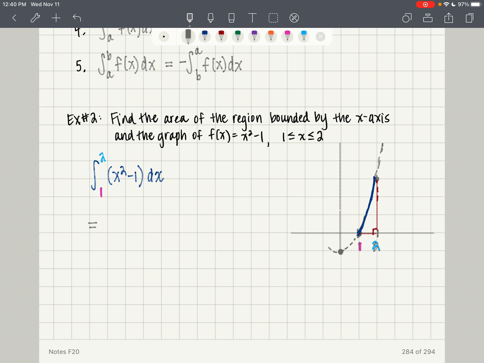This is going to equal the antiderivative of x squared is x cubed over 3. The antiderivative of negative 1 dx is going to be negative x, and we're going to evaluate that from 1 to 2, from x equals 1 to x equals 2.